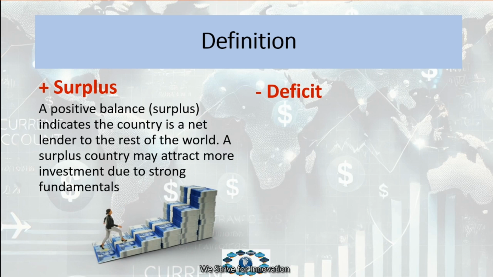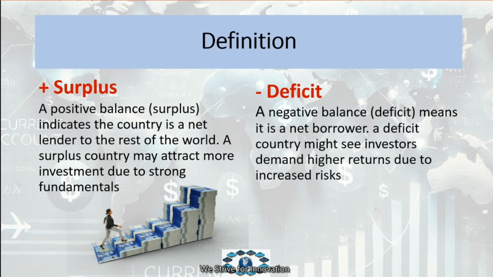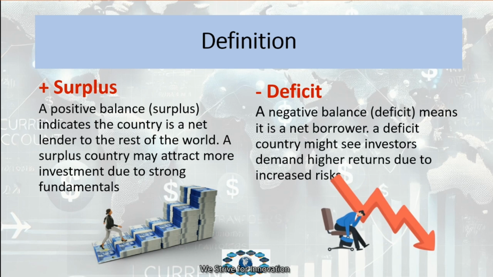It means that country is a net borrower. A deficit country might see investors demand higher returns. Why? Due to increased risk. So that's the definition of the current account. Either you have a surplus or you have a deficit.